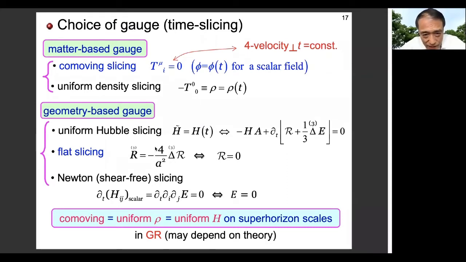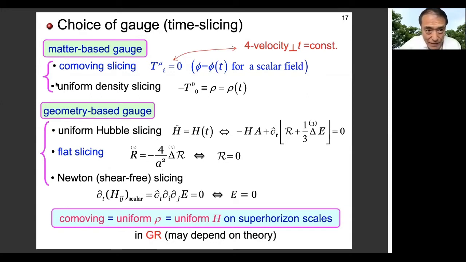But anyway, in that case, you may take this slice even at nonlinear order to make the longitudinal component of the three-dimensional curvature zero. This is related to the conformal decomposition of the geometry, so that's a possibility. But it may not be so convenient at the fully nonlinear level. At fully nonlinear level, from the geometrical point of view, uniform curvature slicing is the clearest slicing condition.